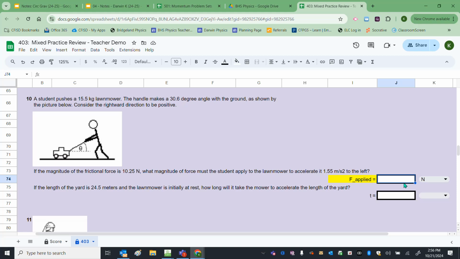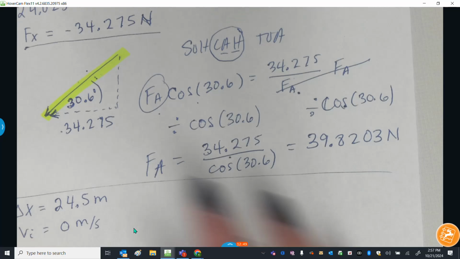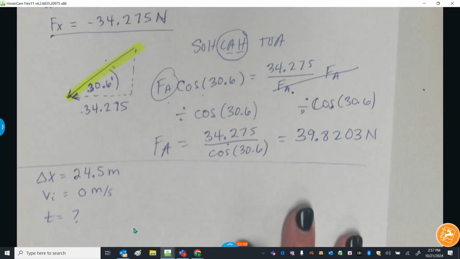So I'm just going to label everything. I have a distance given to me as 24.5 meters. I have an initial velocity given to me as 0 meters per second because it's initially at rest, and we're looking for a time.